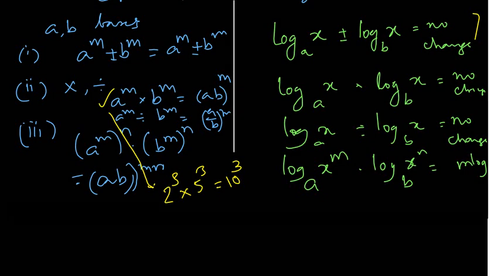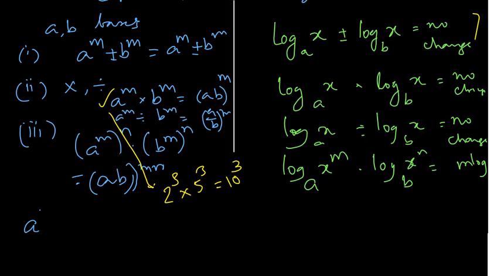Anything to the power of 1 is itself. If you have this and this the same, then that's index equal to 1.